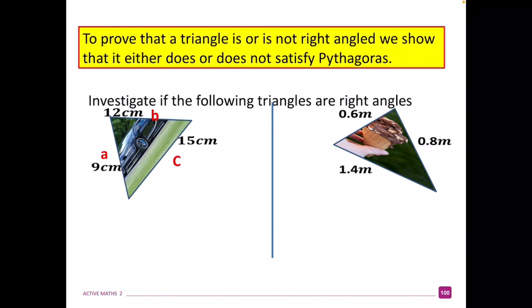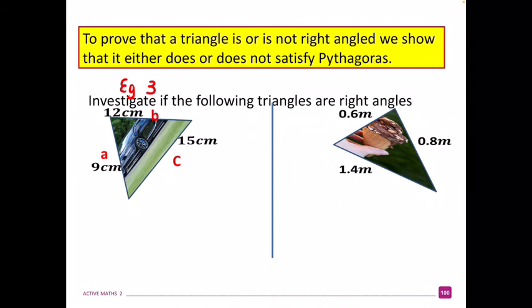Let's look at another example question. To prove that a triangle is or is not a right angle, we show that it does or does not satisfy Pythagoras theorem. In this example, example 3, we're asked to investigate if the following triangles are right angles.